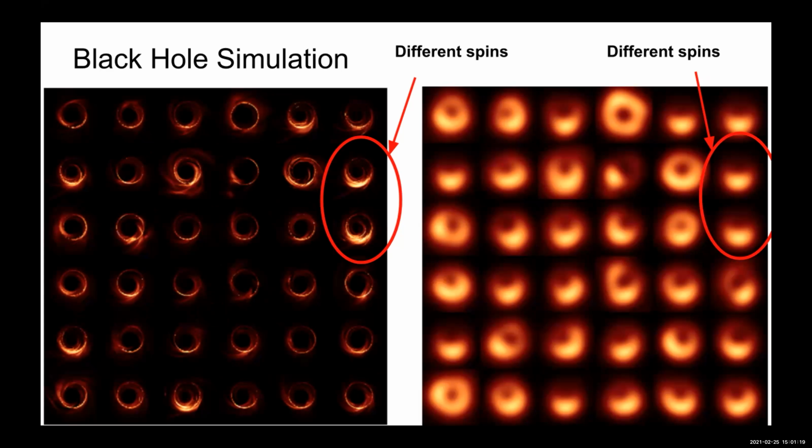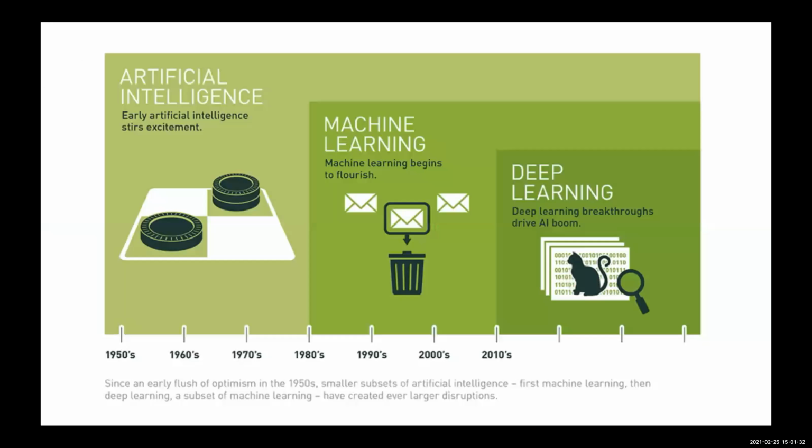To make it even worse, when you have a blurring effect, they look very similar or even the same. So if you're using something like a chi-square fitting on it, estimating spin probably wasn't working very well at this moment. So at that time, I think we decided to look into other alternative options.